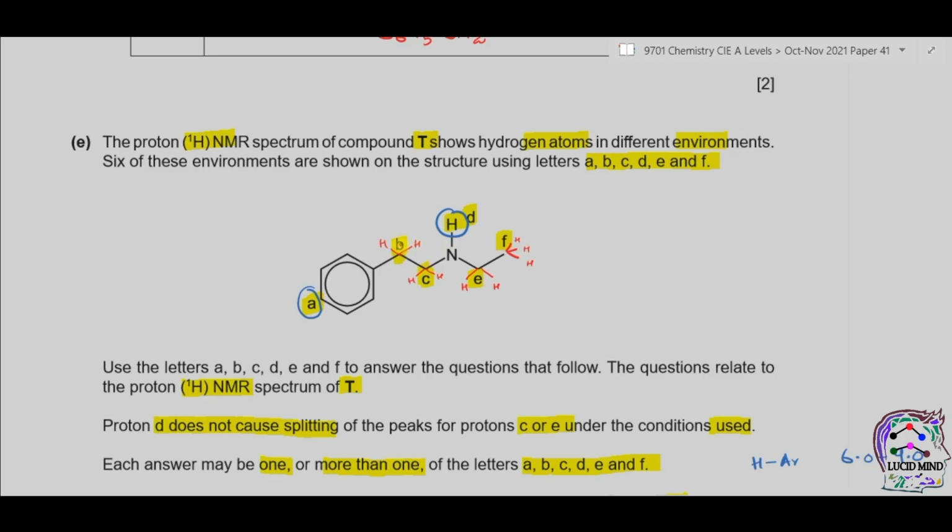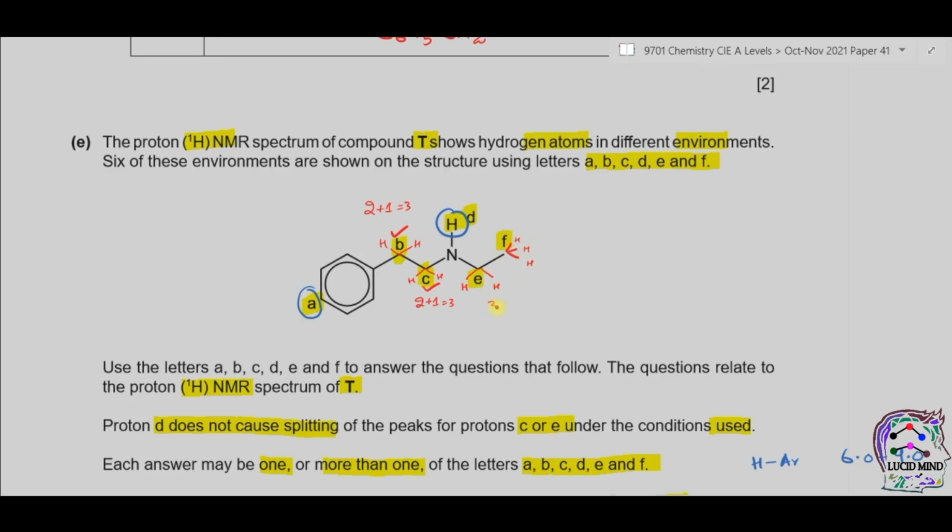Now according to the n plus 1 rule, on B we can see that the neighboring protons are 2. So 2 plus 1 will be 3. So B will give a triplet. On carbon C, we can see that there are 2 hydrogen atoms and we have 2 neighboring protons. So again 2 plus 1 equals 3. This will also give a triplet. For E, we can see we have 3 neighboring protons.